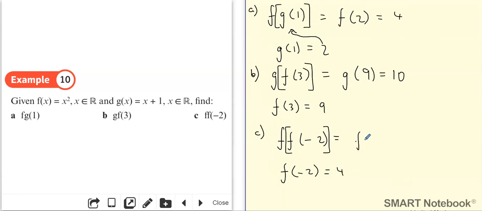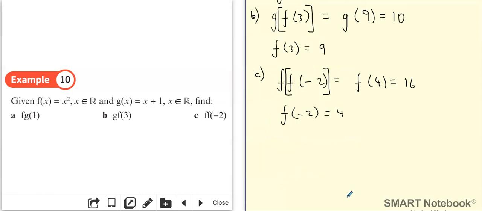So now I need to work out f of 4. And what do we get in that case? We get 16. So ff of minus 2 is the same as f of 4, which is 16.